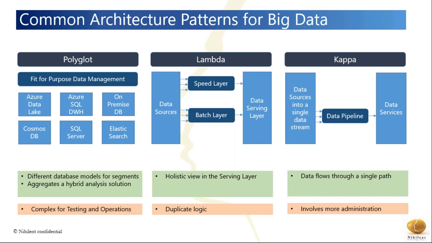Therefore, I might be in a situation where I have to have more than one data technology and data store. That could be because of the best fit architecture that I want, or it could also be because of some regulations or constraints that my business has, that I have to distribute my data and I cannot bring it into one central location.